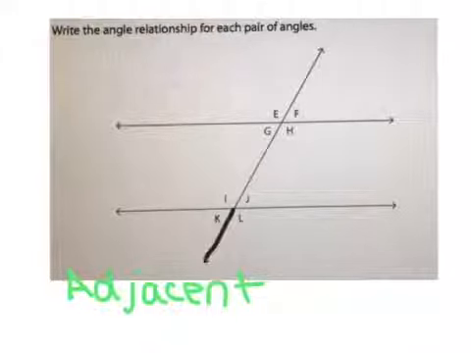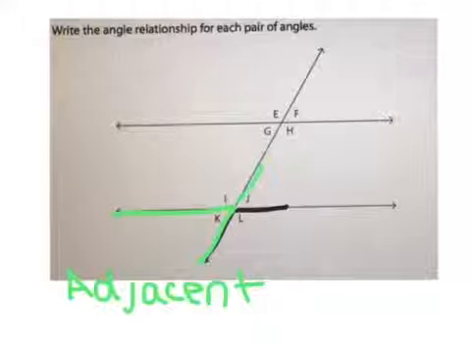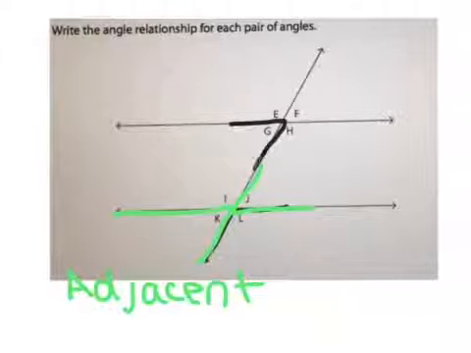So, if I choose angle L, the angles adjacent to it would be angle K and angle J. They share a side. So if I looked at the top pair, G, and I want an adjacent angle to it, I'm hoping you're saying, oh, that would definitely be E, and it also could be angle H, would be adjacent to G.